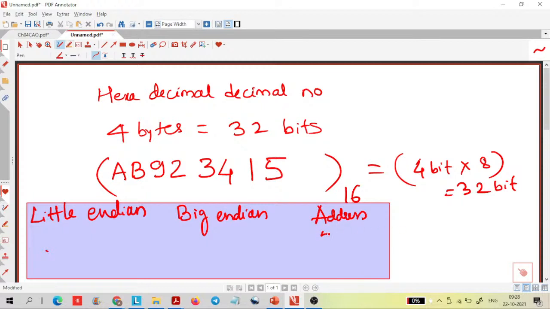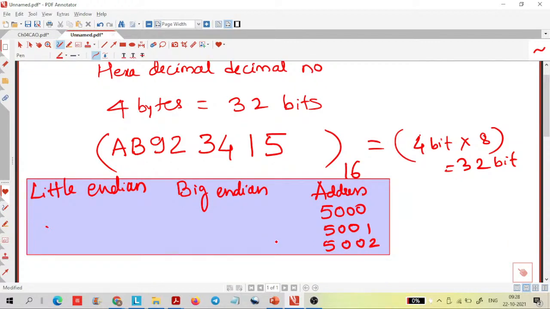I'll take some address like 5000. That is the lowest address. 5001, 5002, then 5003. So the lowest address.